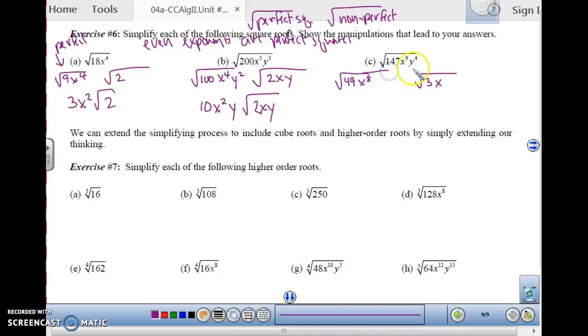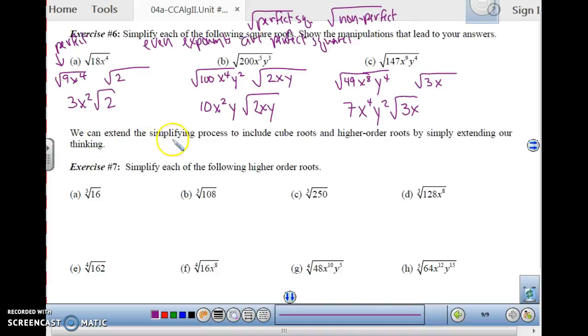And then y to the 4th is a perfect square because it's even. It would go over here. Take the square root of all of these. The square root of 49 is 7. The square root of x to the 8th would be x to the 4th. We just divide the exponent by 2, power over root. And then y to the 4th would be y squared. And then times 3x. And there we go.